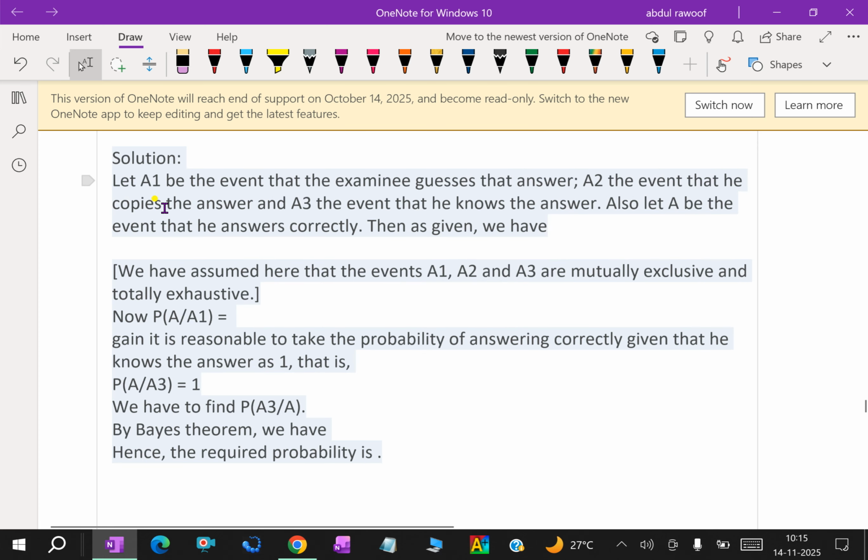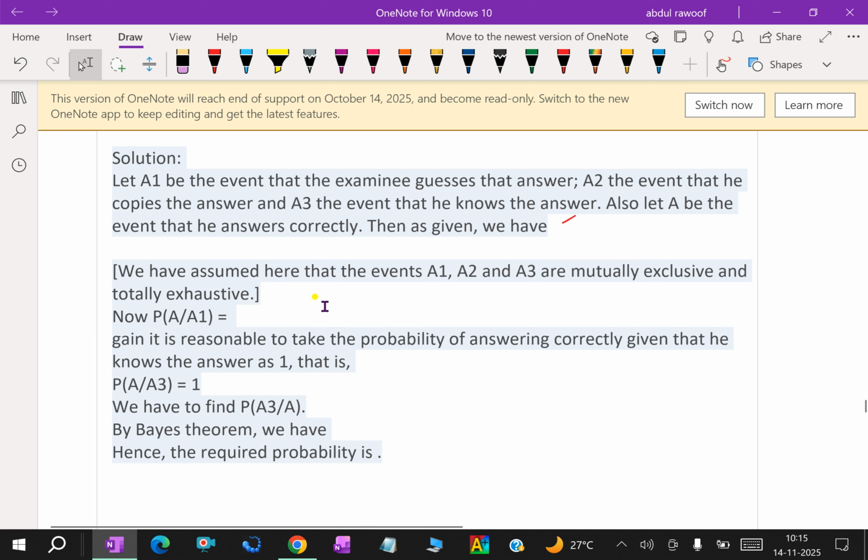The answer. Let A1 be the event that the examinee guesses the answer, A2 the event that he copies the answer, and A3 the event that he knows the answer. And also let A be the event that he answered correctly. Then we continue.